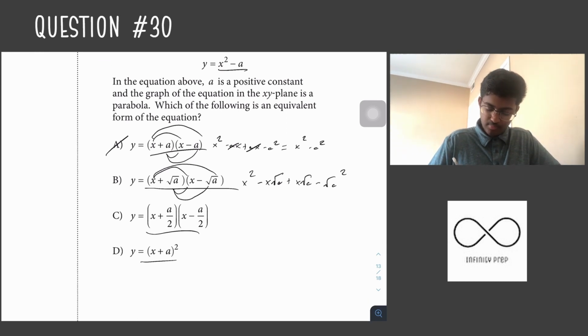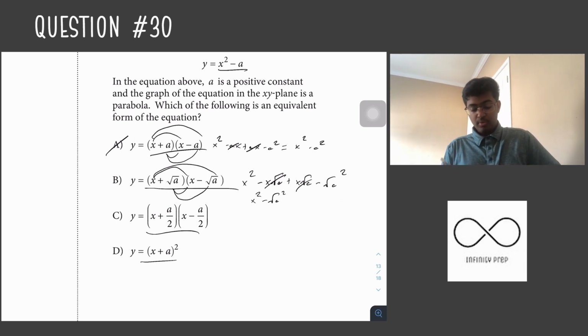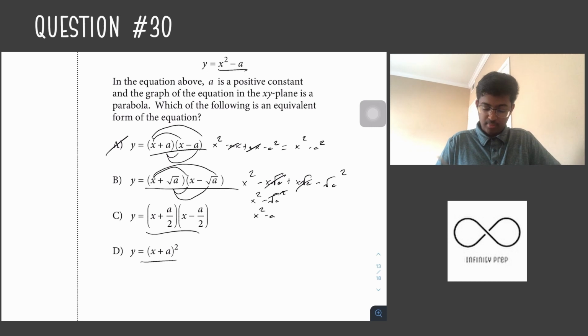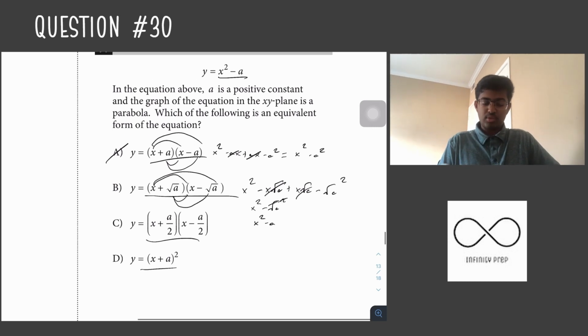So x squared, the negative x root a and positive x root a would cancel out. We will be left with x squared minus root a squared. The square root and the square cancel out because they're inverses. This would become x squared minus a. And x squared minus a is equal to the equation above, so B is our correct answer.